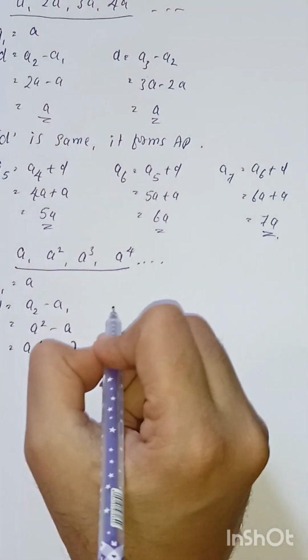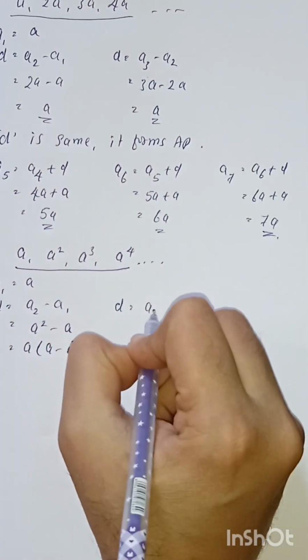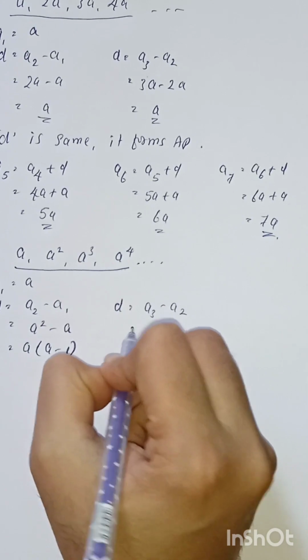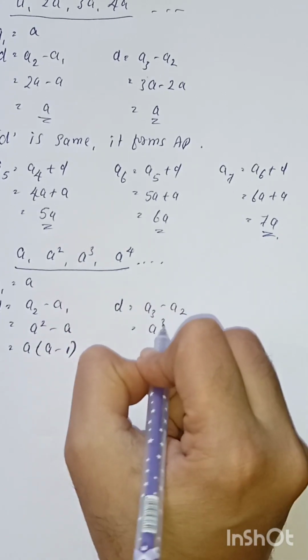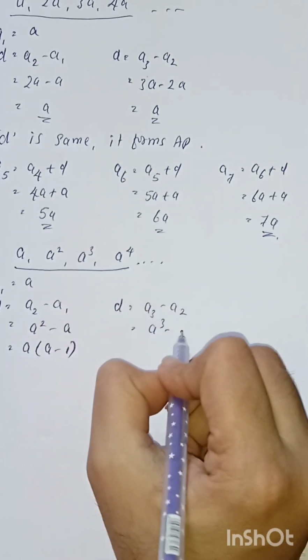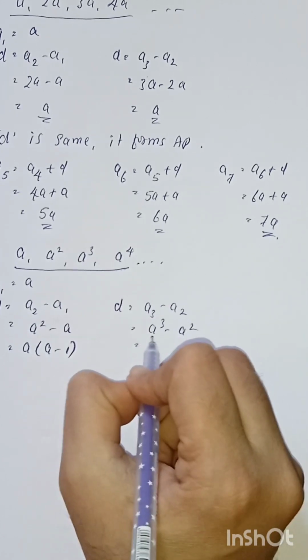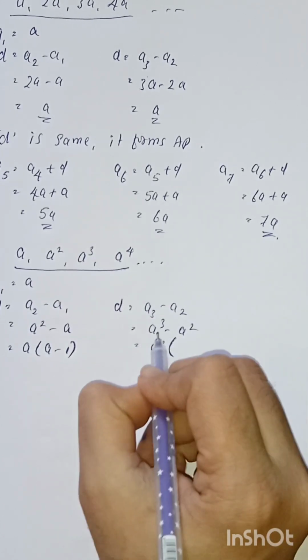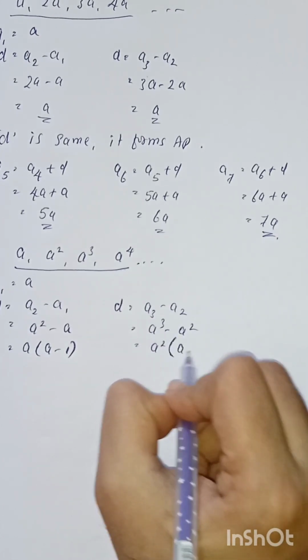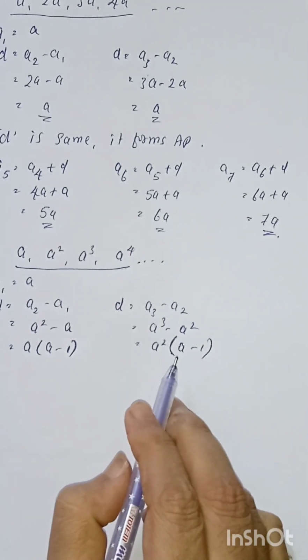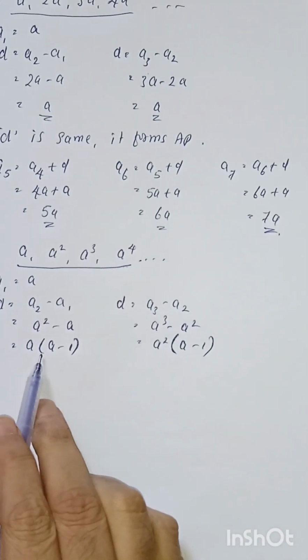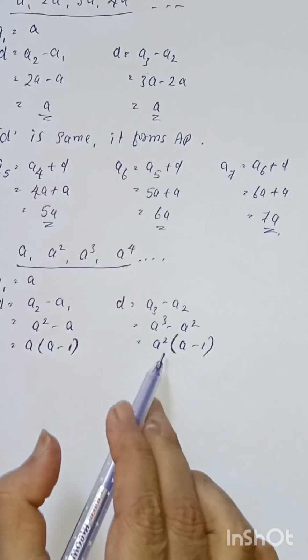A1 is A. In the same way, D equals A3 minus A2. What is A3? A cube. What is A2? That is A square. Here we can take common A square, so what remains here? A minus 1. Here the first common difference is A into A minus 1, but here it is A square into A minus 1.